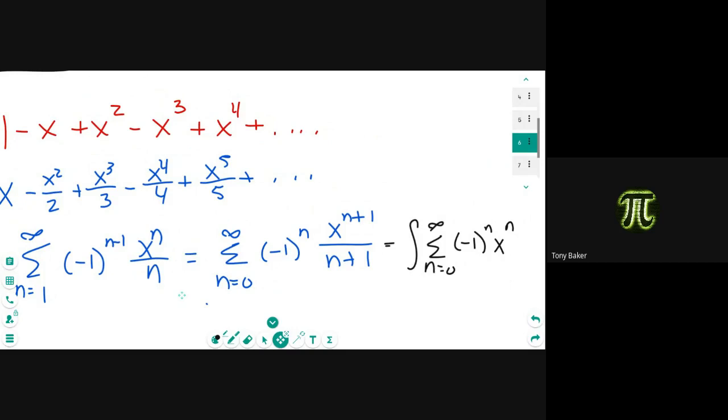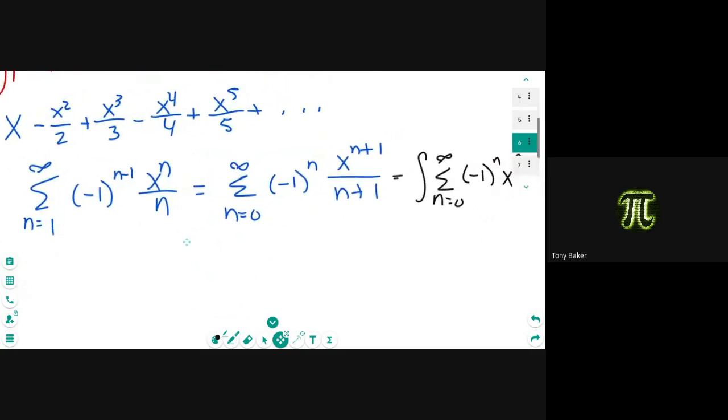So this problem is you are given natural log of 1 plus x. Correct. So what we found, let me write the actual final answer.